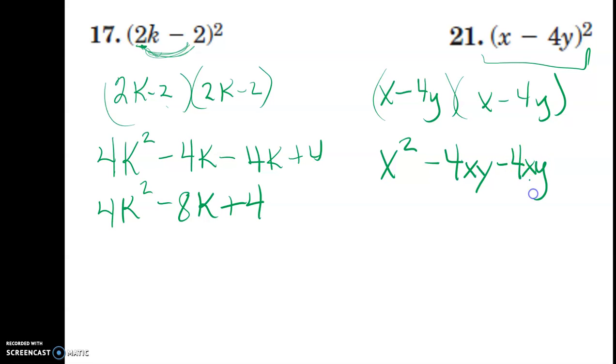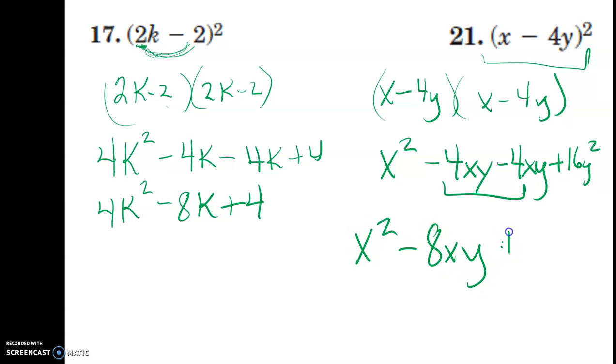Order does not matter with multiplication. X, y is y, x. And then my last two terms, a plus 16y squared. Take notice to how we have two squared components where we didn't before. We need to simplify x squared minus 8xy plus 16y squared. Let's take a look at another example.